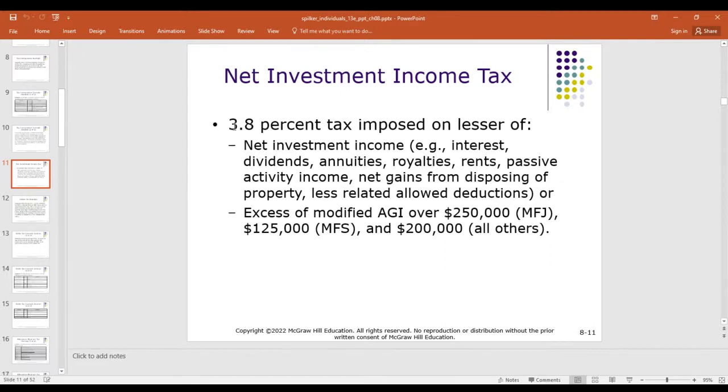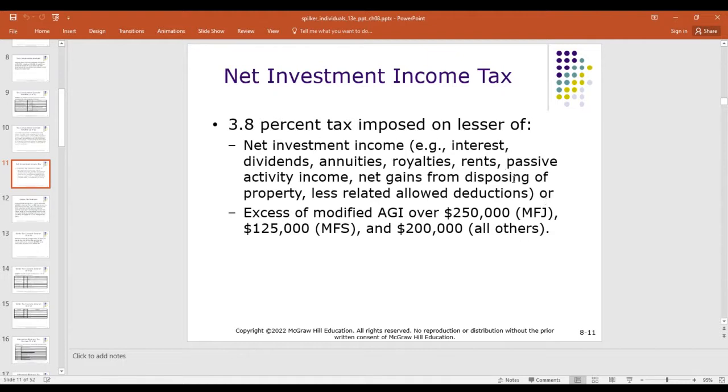And the way we calculate it is 3.8% of the tax imposed on the lesser of your net investment income. So a taxpayer will look and ask, what's my net investment income? Interest, dividends, annuities, royalties, rents, passive activity income, net gains from disposing of property, less related allowed deductions, maybe interest on our investment.